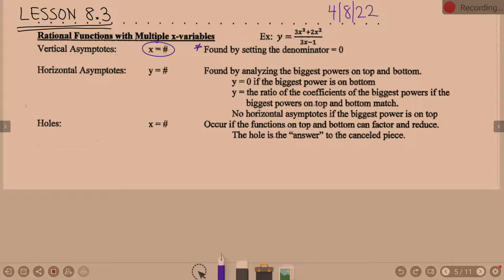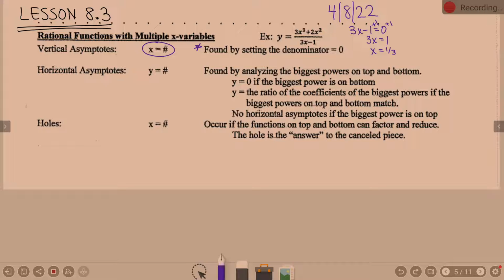And so, for example, if I take my denominator here and set it equal to 0, 3x minus 1 equals 0, how do we solve that? You're going to add 1 to the other side, right? So you'd have 3x equals 1, and then you will divide by 3.